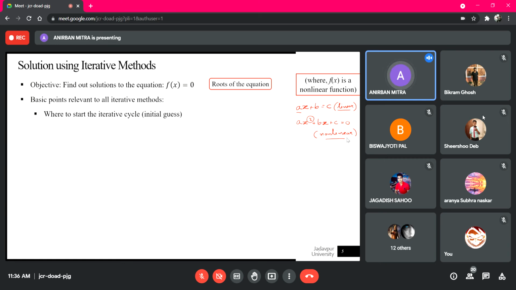What is to be chosen as an initial guess? It is a very important aspect for this iterative method, because if you choose an inappropriate initial guess, then it might lead you away from the actual solution. You need to have a good idea about what can act as an initial guess for these sort of methods to be effective.